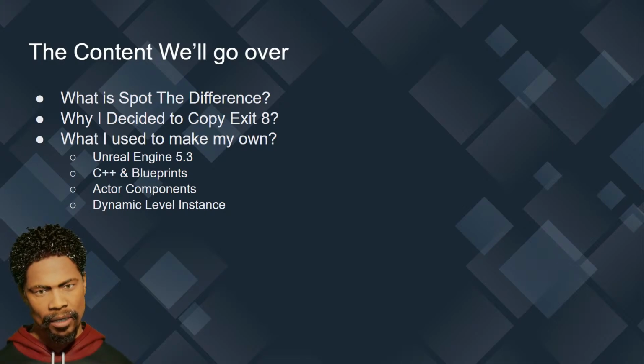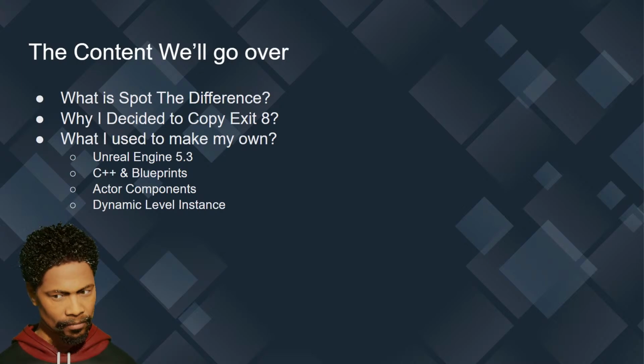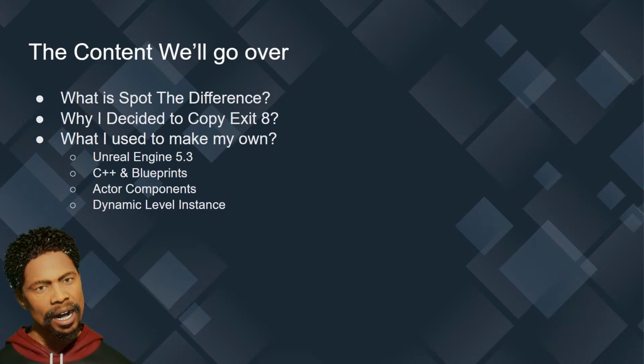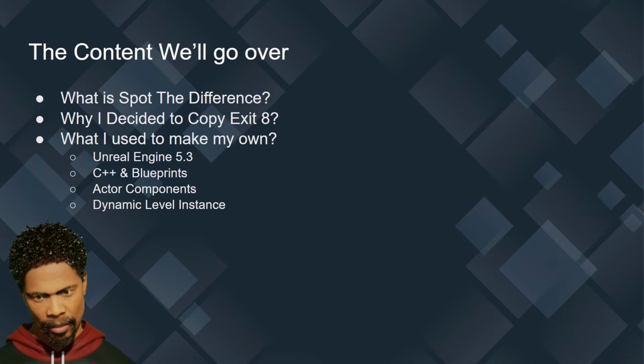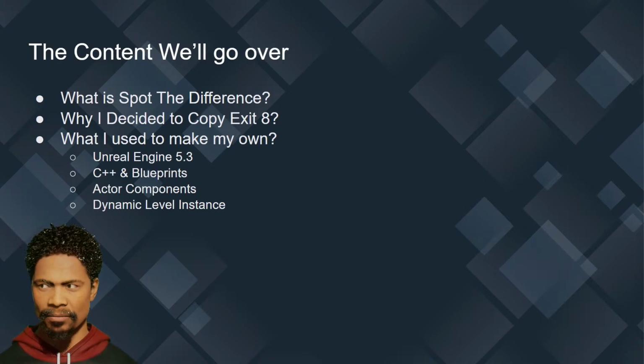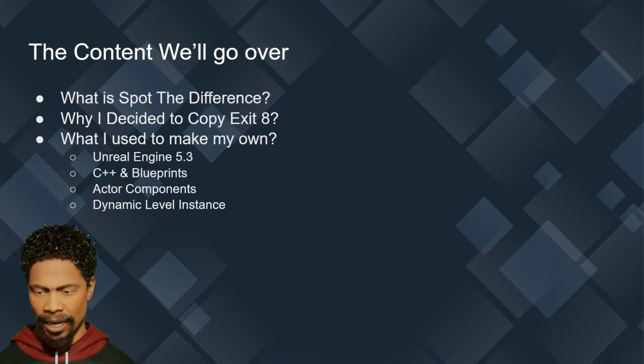Then I'll talk more about the actor components as best as I can, if I actually remembered to update what I want to say in the slide, and also go over the thing I have been searching the internet for a very long time: dynamic level instancing.